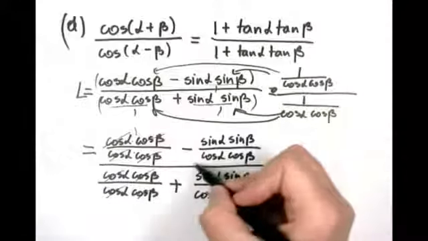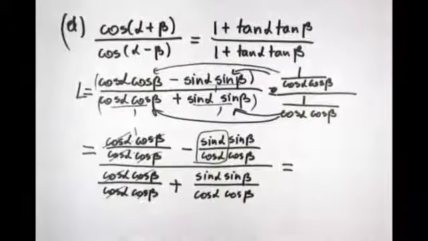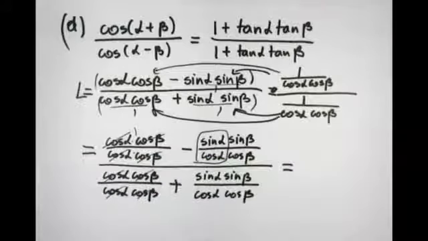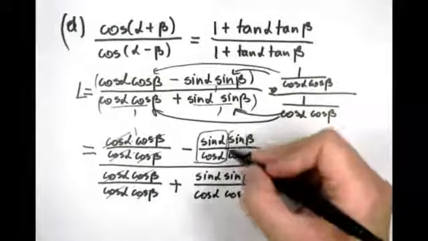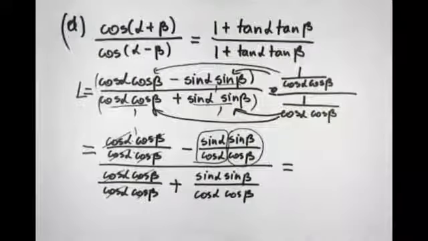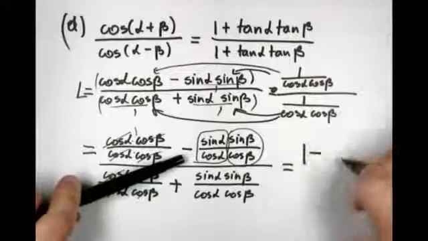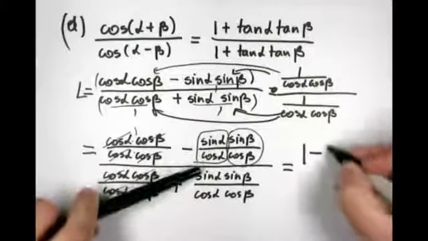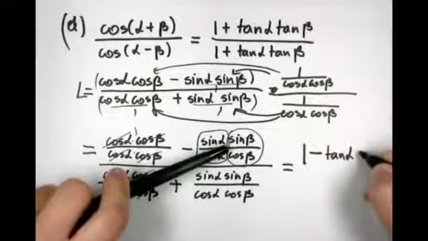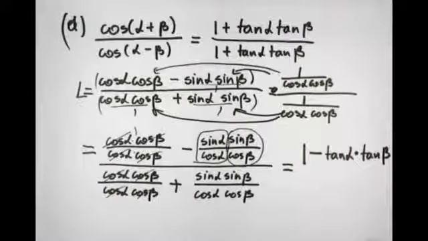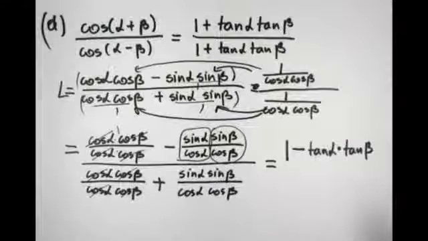And what we can do here, we can group them, and one group is sine over cos. And what is sine over cos? Sine over cos is nothing else but tangent. But we need to have exactly the same angle. So from the first one I have 1, then minus, this group is tangent alpha times tangent beta, okay?